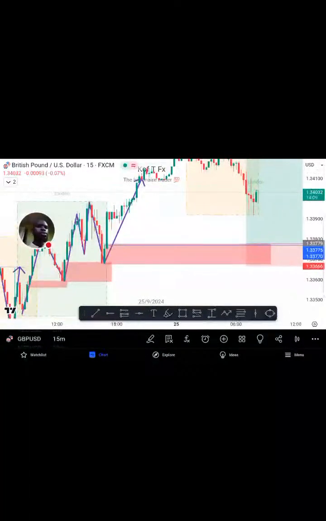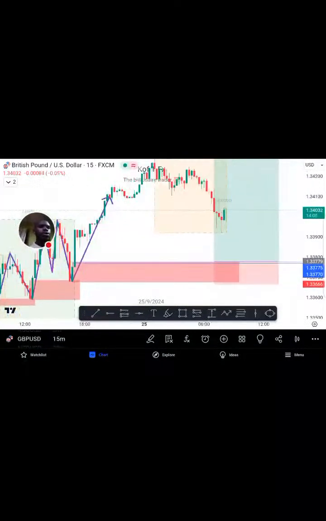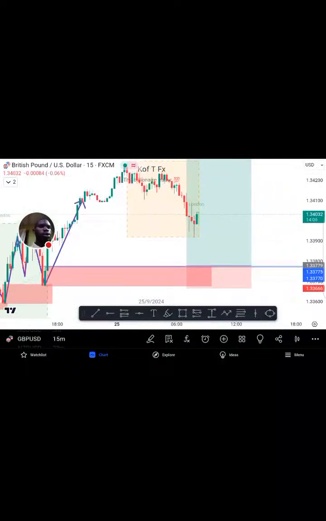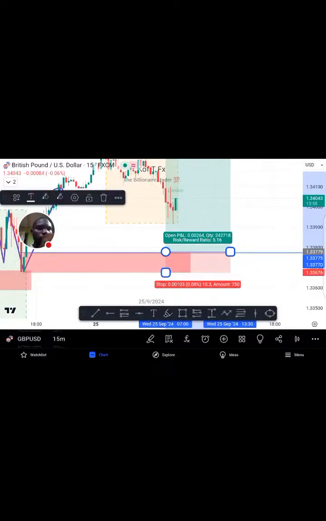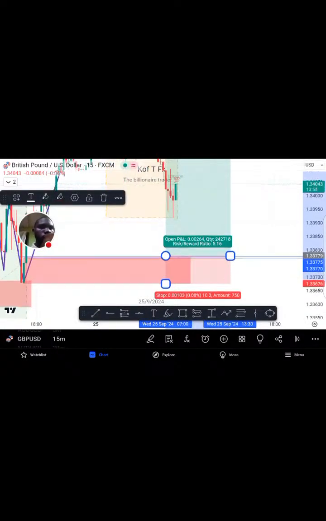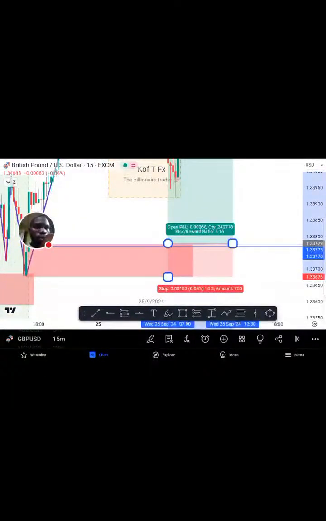Okay, so let's set the limit. Based on my rule, I'm going to add 0.5 pips to the entry and 0.5 pips to the SL.